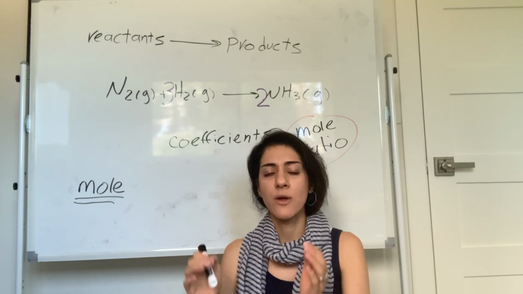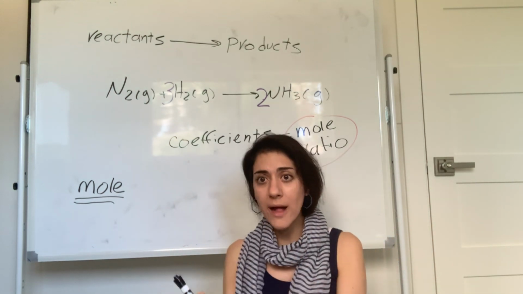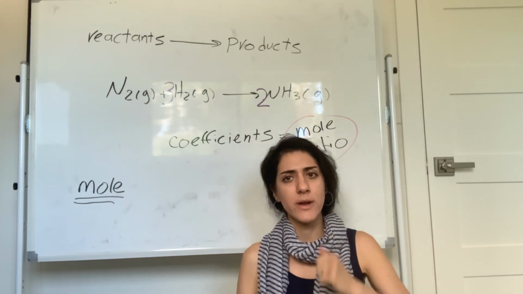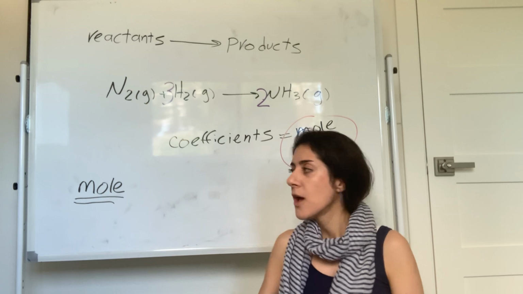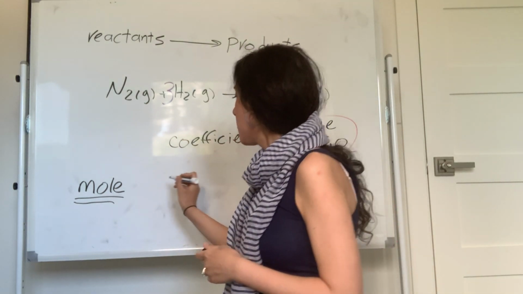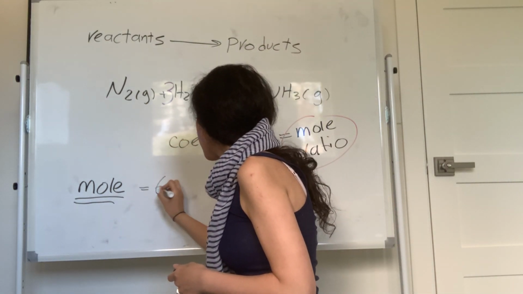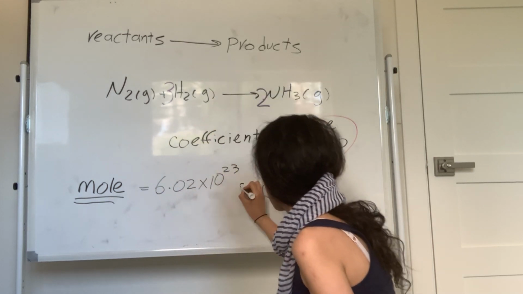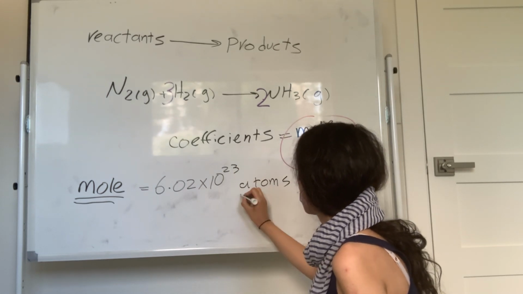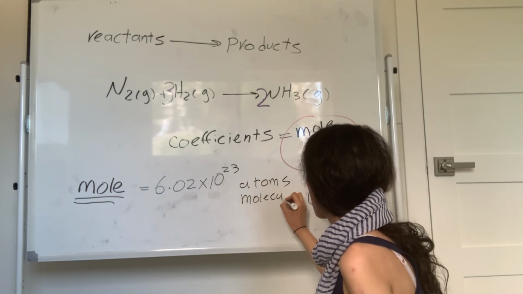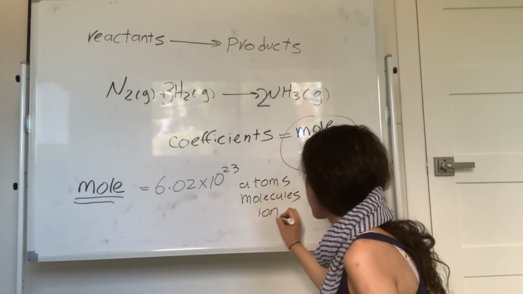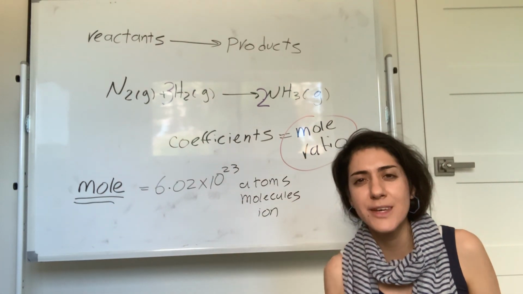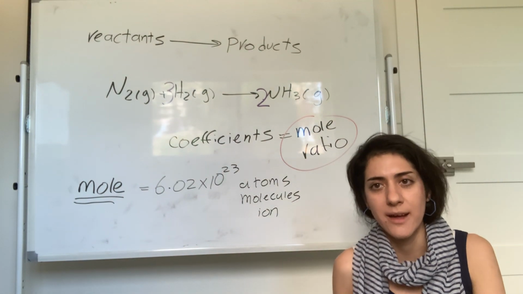Now, the same way that 1 dozen is 12 eggs, which means give me 12 eggs, 1 mole is 6.02 times 10 to the 23rd atoms, molecules, or ions. I will talk about that in 1 second.